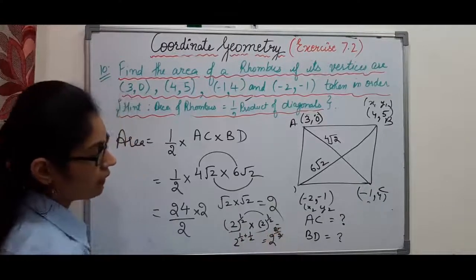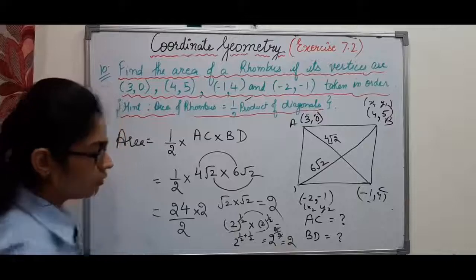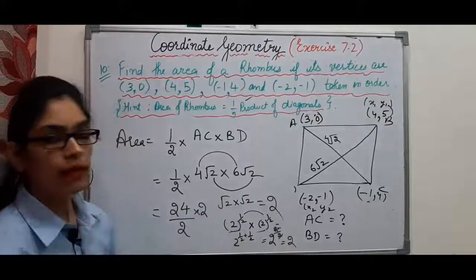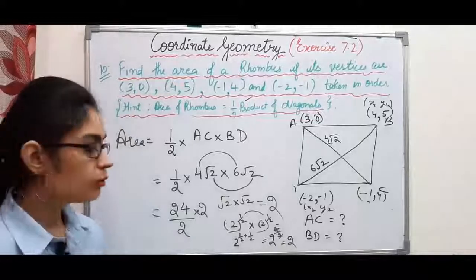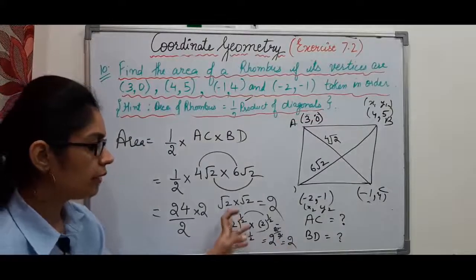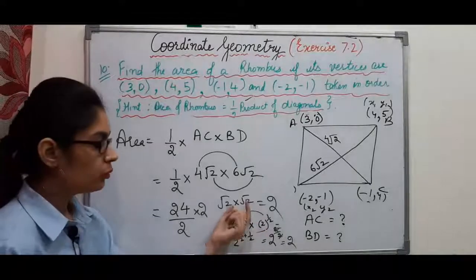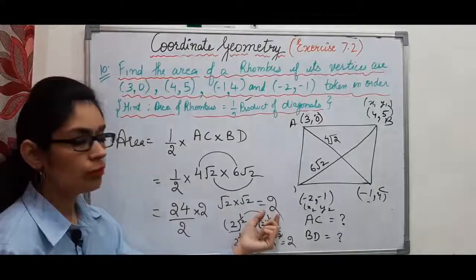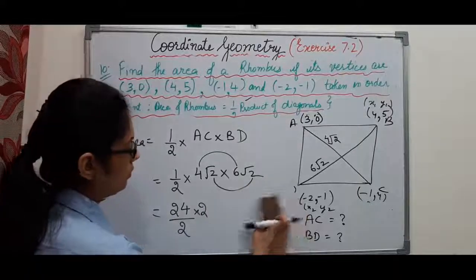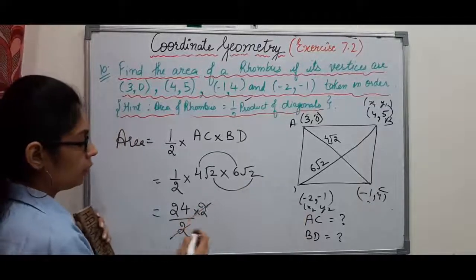So 2 and 2 will get cancelled, so you will get 2. This is like an additional concept I am telling you. In 9th class and earlier classes you have done exponents and powers. So whenever you are multiplying a number and its root, root 2 into root 2, you will get a simple number. This 2 and this 2 will get cancelled.